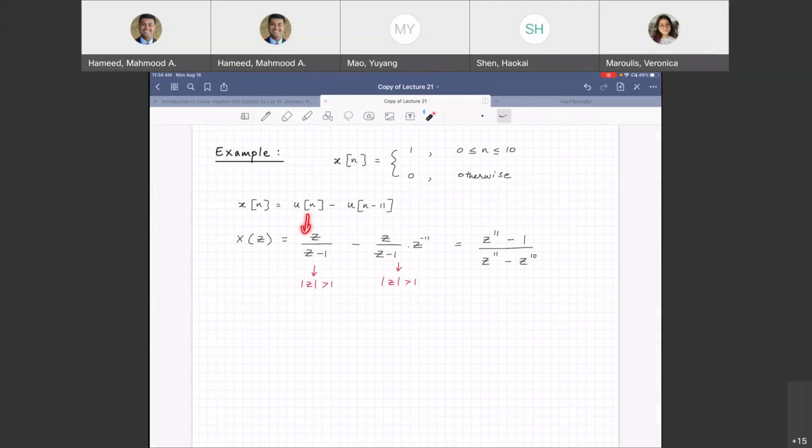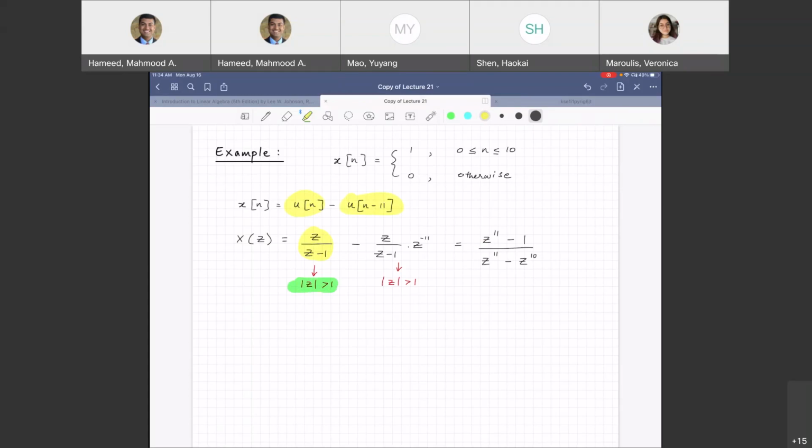Next, for u of n minus u of n minus 11, I've got the z transform. For u of n, the z transform is z divided by z minus 1, and the ROC is outside of the unit circle, magnitude of z greater than 1. The other piece, u of n minus 11, is simply the z transform of u of n with a time shift of 11 time units.